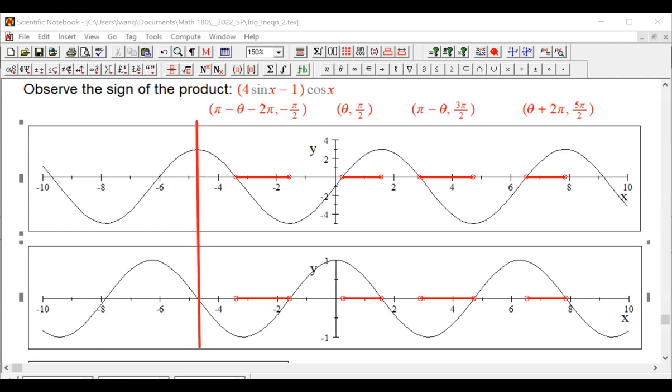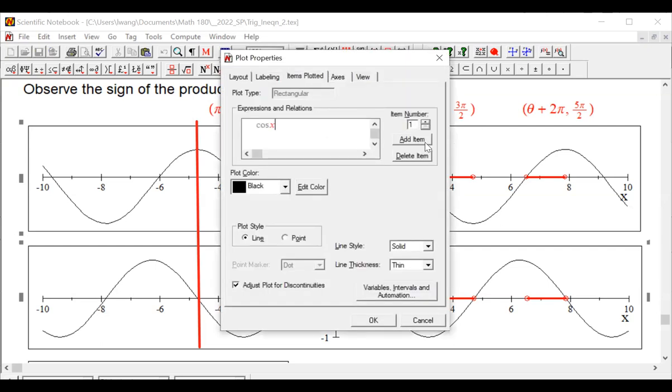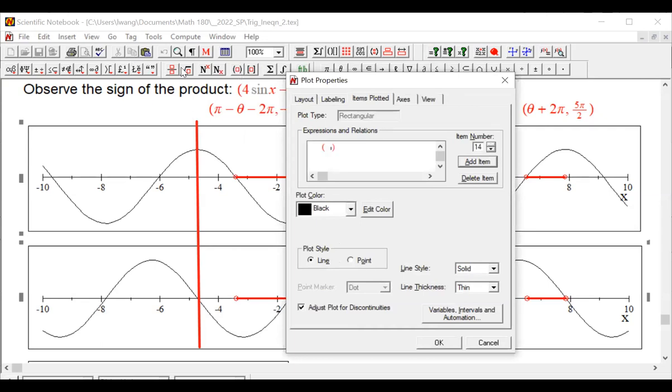Let's identify which point, because this is a cosine curve. What would this point be? It's negative 3 pi over 2. Am I right? So this is negative pi over 2, and this is negative 3 pi over 2. I'm going to mark that point with a circle, negative 3 pi over 2, comma 0.